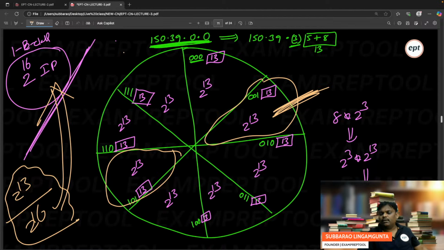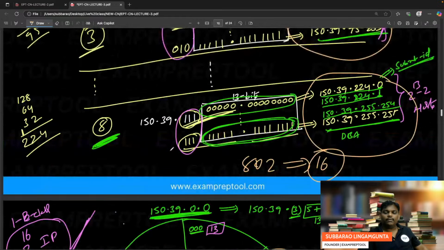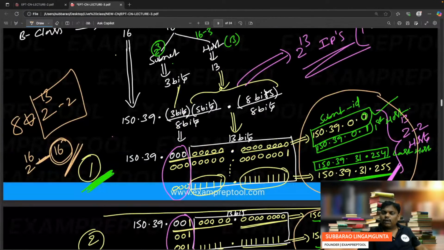Only one subnet, how many IPs can I use per host? I'm repeating once again, no subnetting. How many IPs are you using for the host?